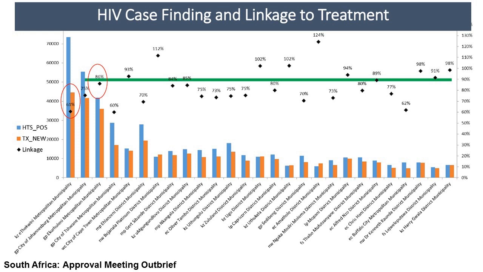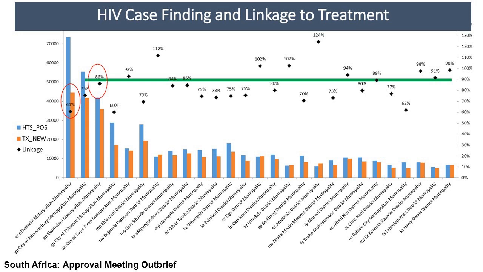And the blue bars now represent the total number of people who tested positive in each district or district municipality, as is the case here. And the orange bars represent the number of people who are newly initiated onto treatment. And then the black diamonds, which are scaled according to the axis on the right, are the linkage rate in each of these municipalities.